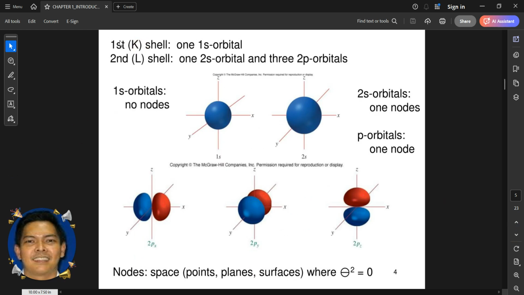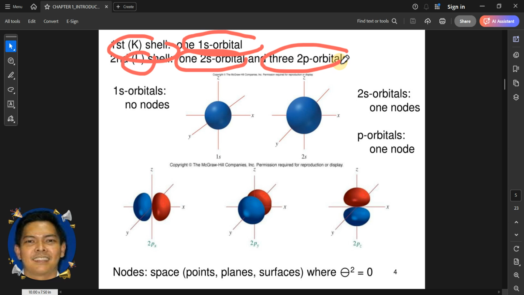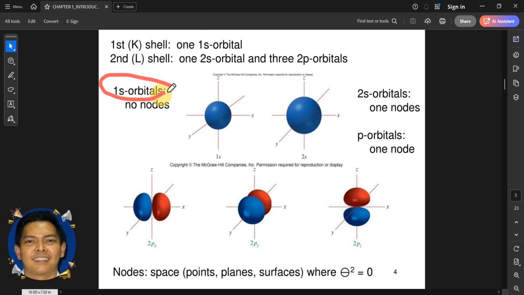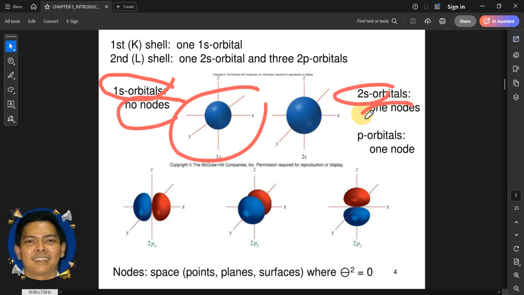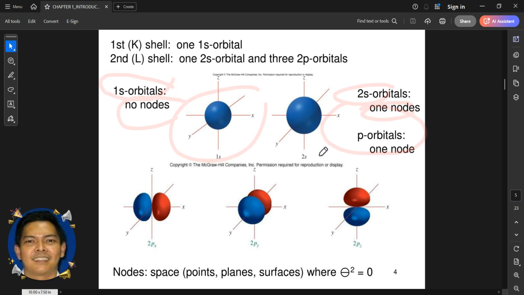The first K shell consists of one s orbital. The second L shell consists of a 2s orbital and 3 p orbitals. So you must remember this. For the 1s orbital, there are no nodes. For the 2s orbital, it consists of one node, and the p orbitals also have one node.